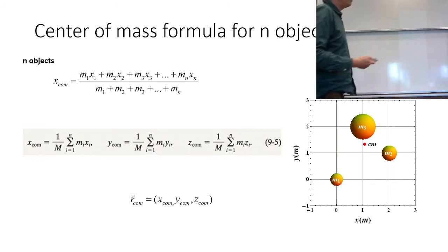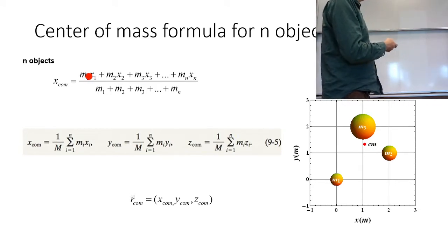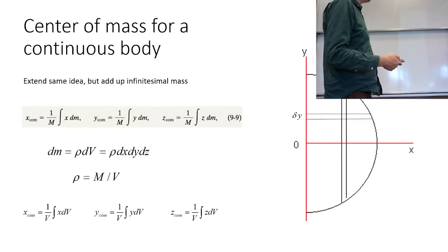For more particles, you extend that formula and do a weighted average of the position again. It's actually a vector quantity, so you want to do it for all three coordinates if you're in 3 dimensions.